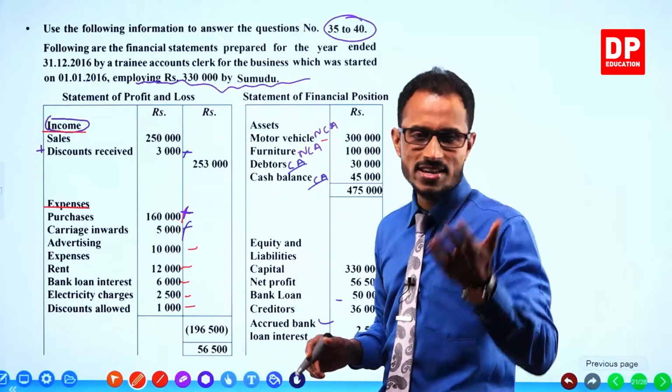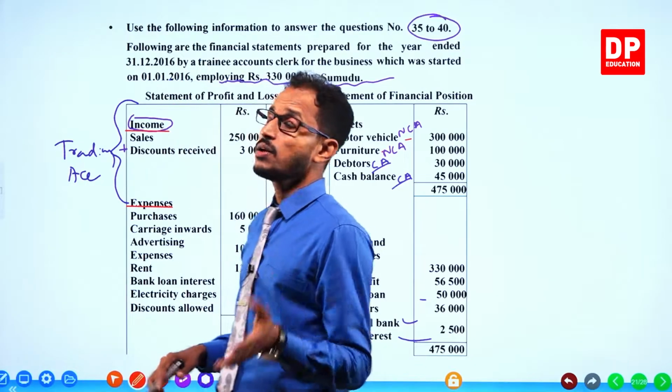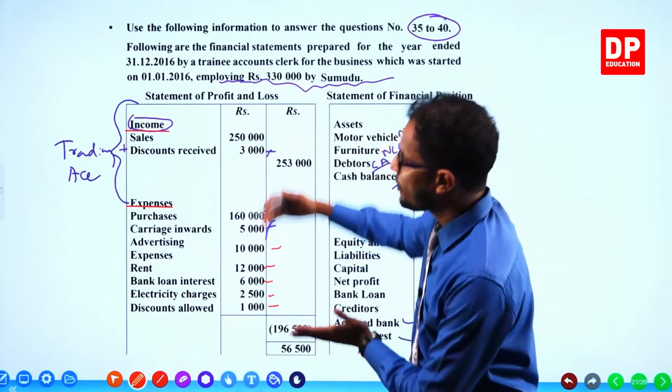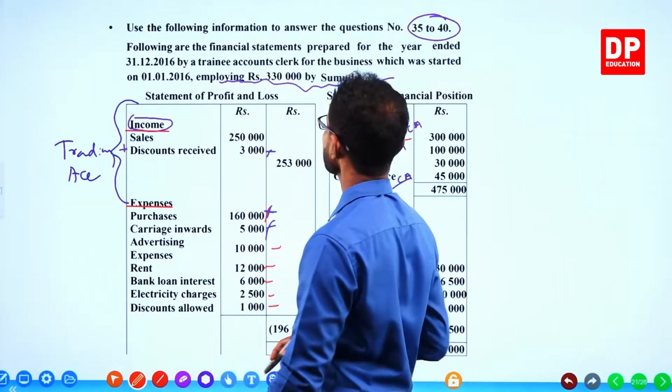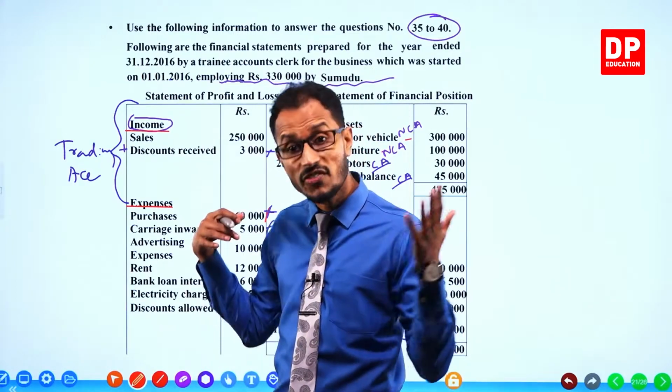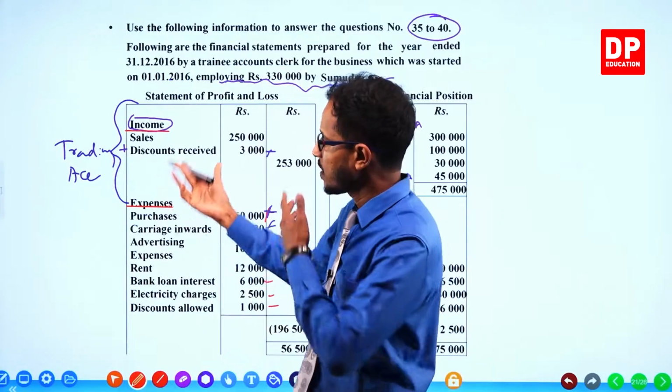You know what the trading account is, right? This is the trading account section, the top part of the profit or loss statement, where the gross profit is calculated. There is no such part here.